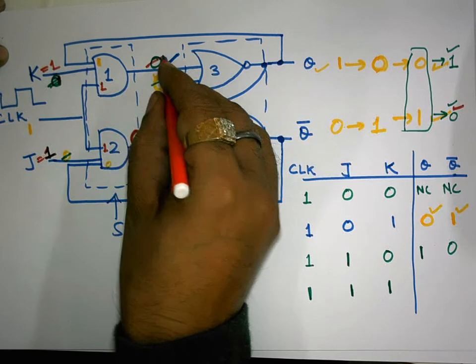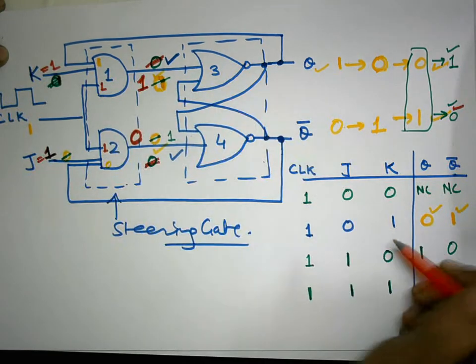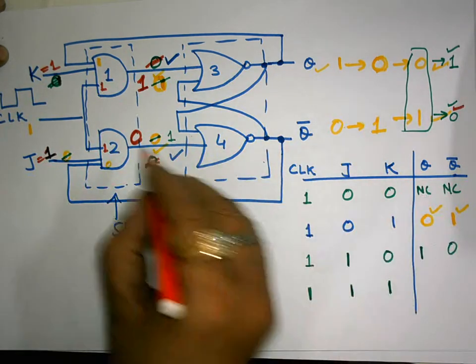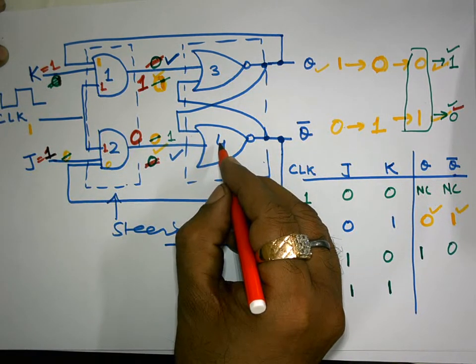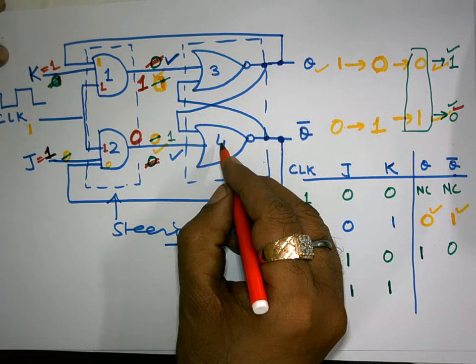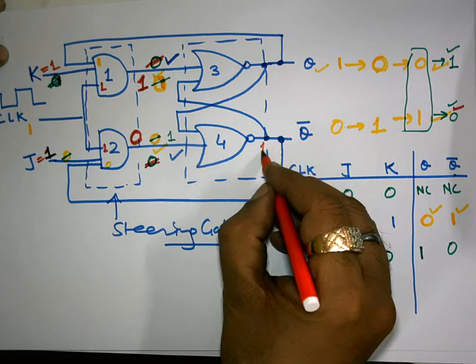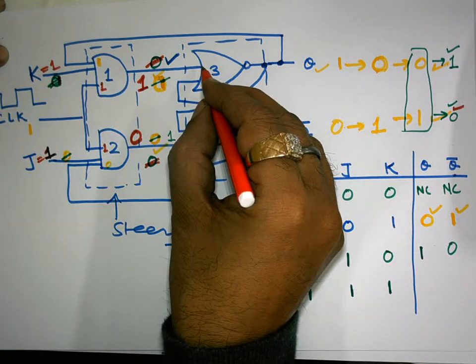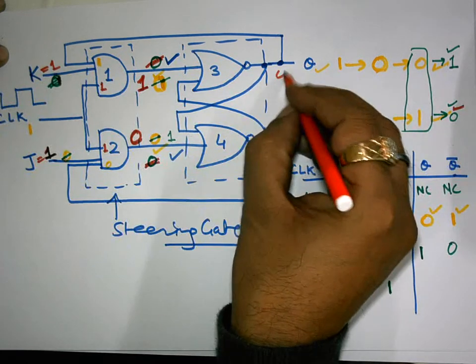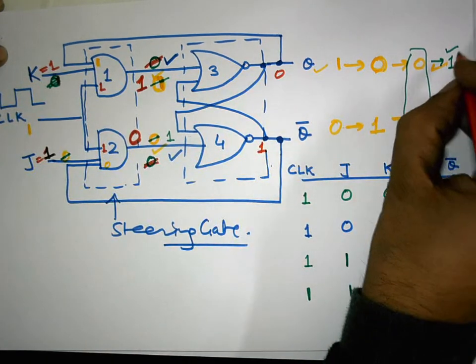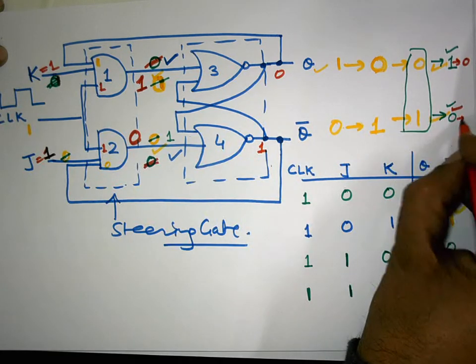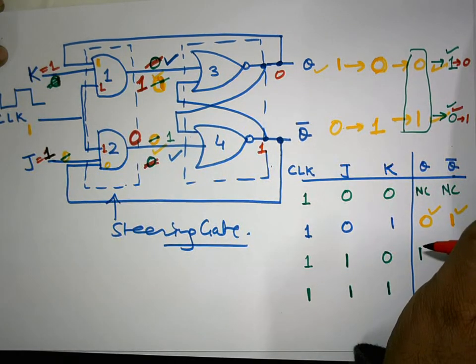This means this is making the output of gate number 1 as 1. So this is the input 0. What will it do? It will make its output equal to 1, and with this input 1, it is making it 0. So when the output was 1 0, it became 0 1. Getting my point?